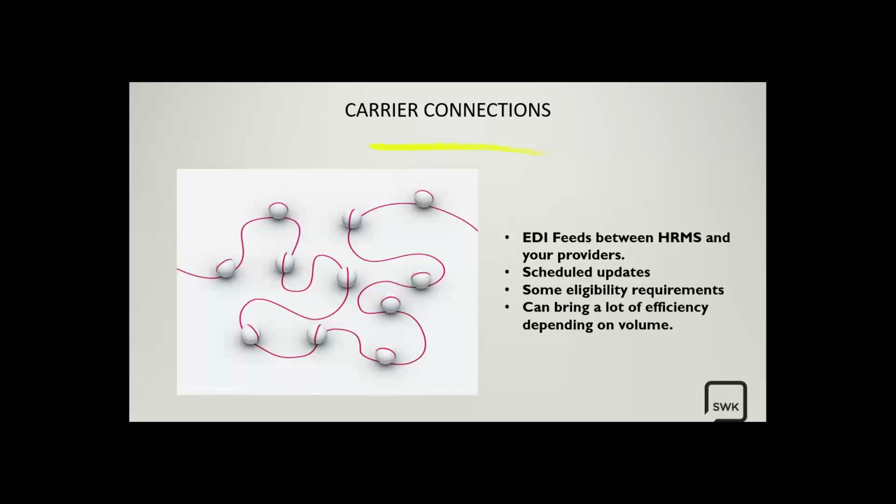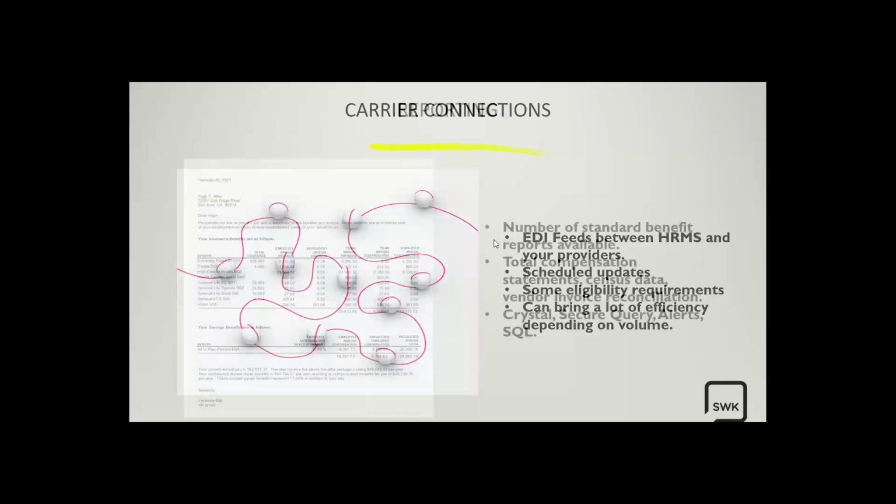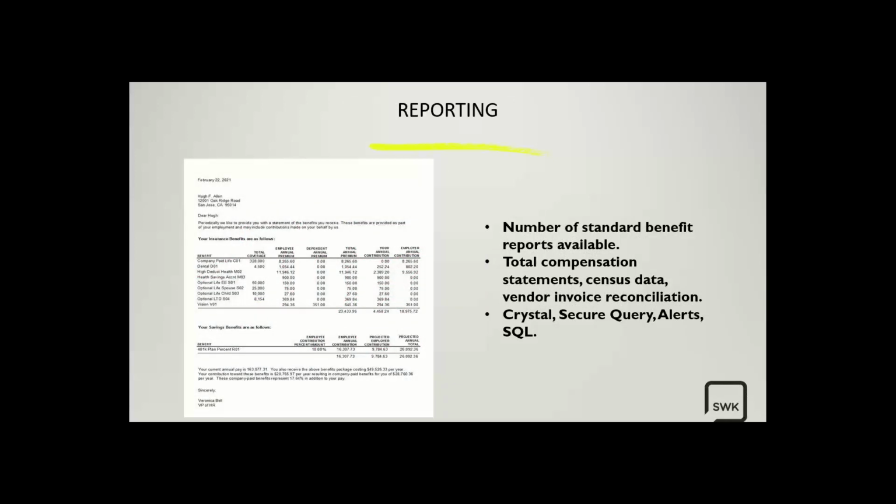Just know there's ways to automate that process, whether it's setting up the EDI feeds. We can also even sometimes look at just generating exports out of the system that you can then upload to the system. So an opportunity for efficiency there. And then again, from the enrollment to managing the data within the system, to core HR, to communicating it to the providers. And then finally, we think about reporting.